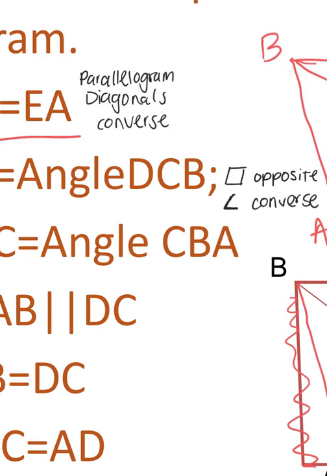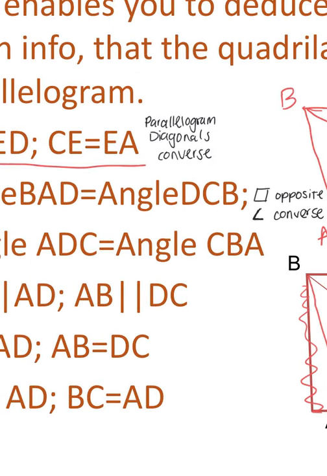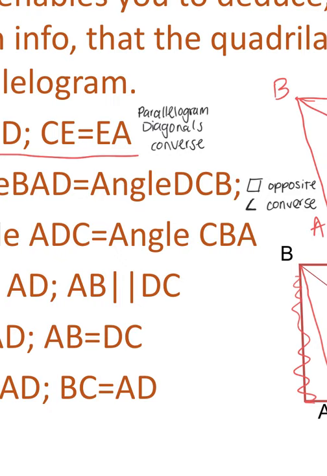So parallelogram, opposite angle, converse. Who can tell me why it's the converse? Please, please, please, someone tell me why it's the converse. Because both pairs of the opposite angles are congruent. Uh-huh.